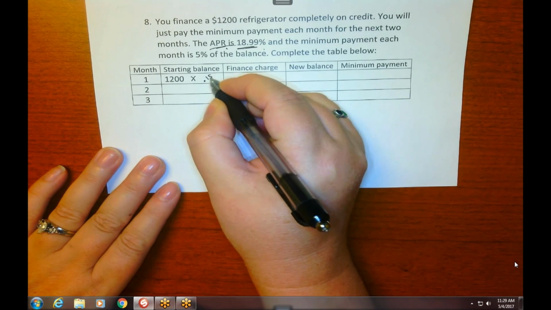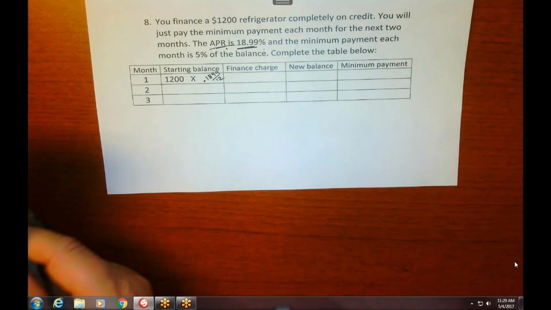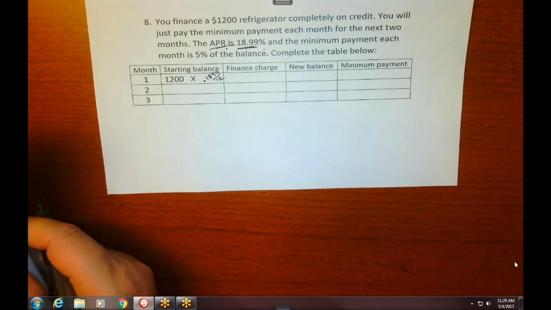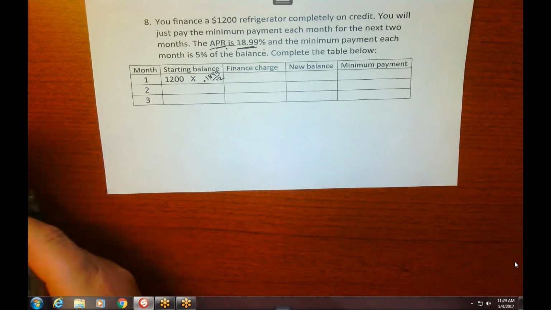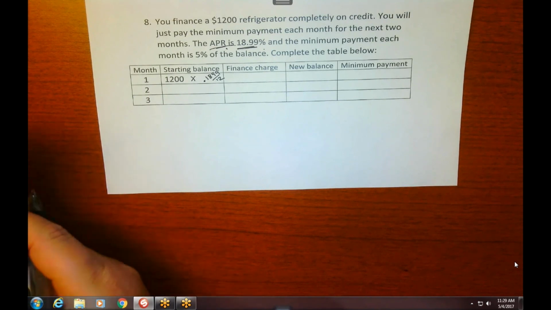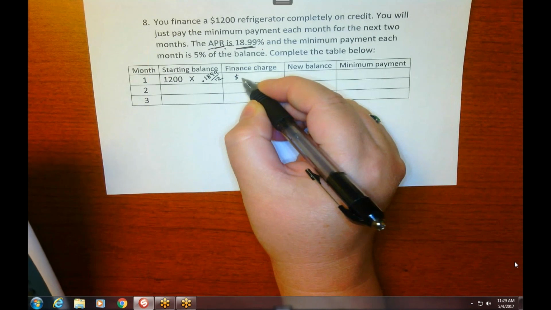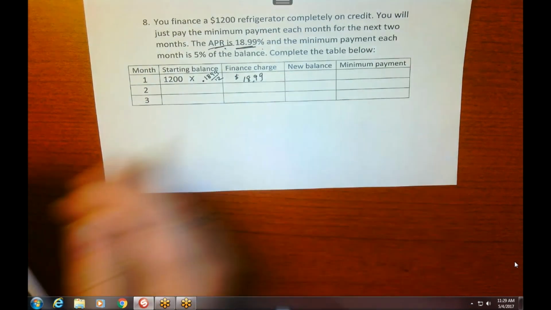So we need to make that a decimal and divide by 12. The common thing is people forget to divide by 12. 1,200 times 0.1899 divided by 12. Make sure you round correctly.